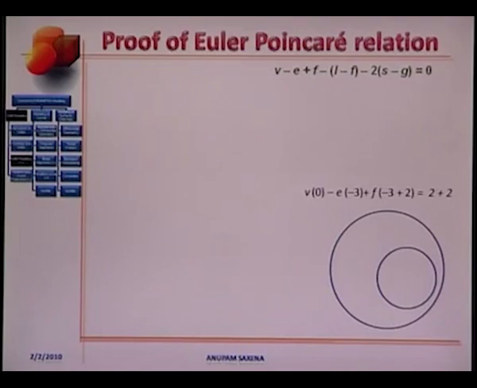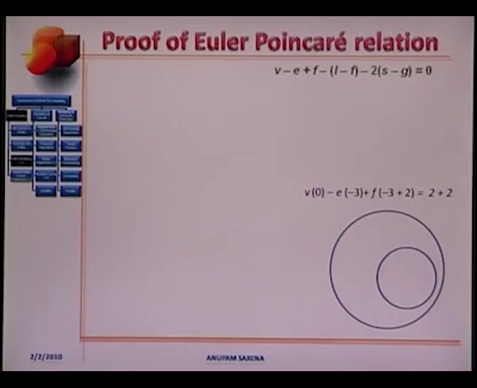So the left hand side, V minus E plus F, in that we will have no change in the number of vertices. The number of edges will get decremented by 3, and the number of faces will get decremented by 1. So the right hand side will be 2 plus 2.